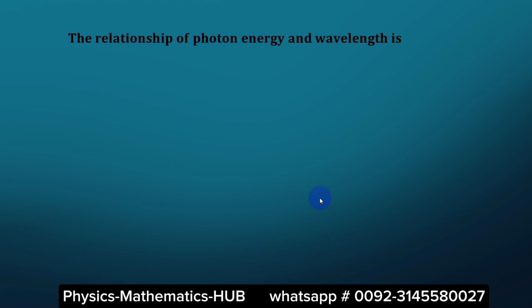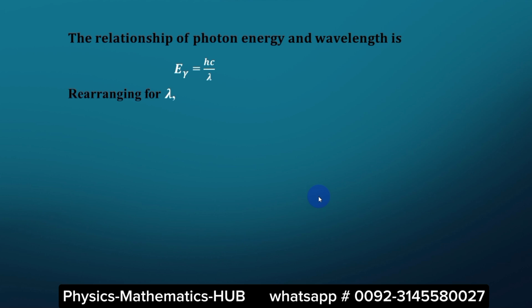Now we are going to find the wavelength of the photon. So the relation of photon energy and wavelength is given by E gamma is equal to hc divided by lambda, where E gamma is the energy of photon, which is already calculated. h is the Planck constant, c is the speed of light, and lambda is the required wavelength of photon.